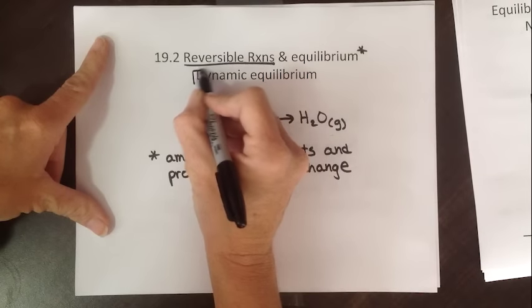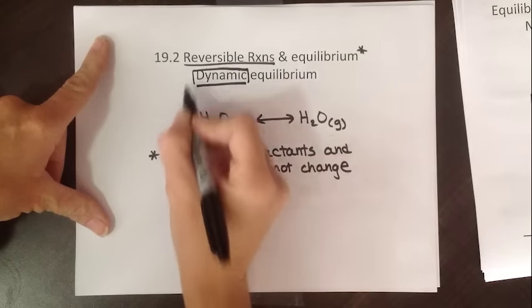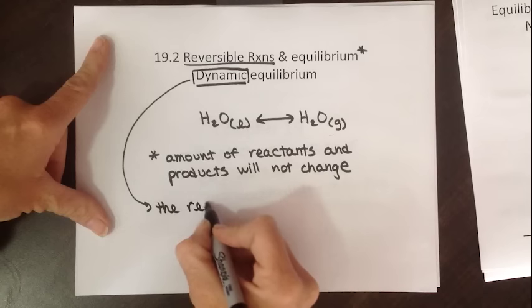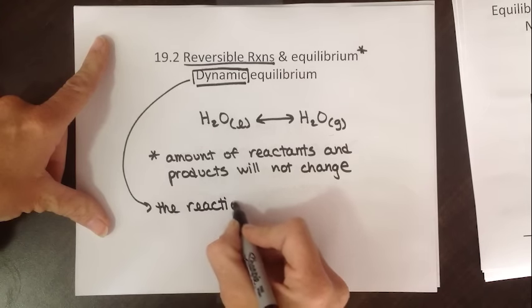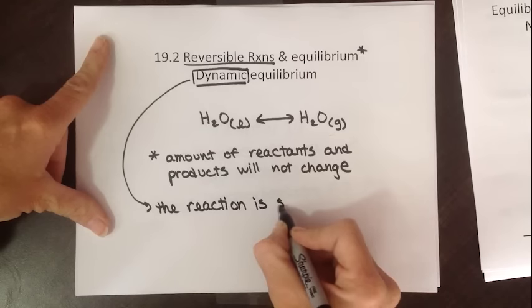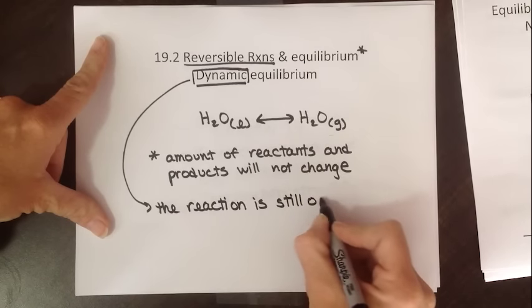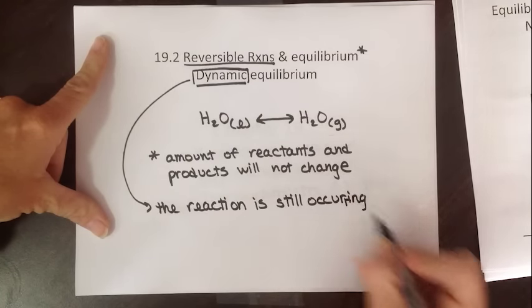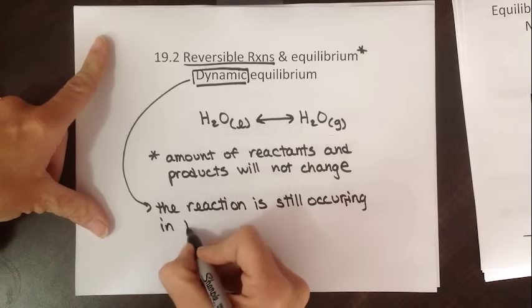Dynamic equilibrium means the reaction is still occurring in both directions.